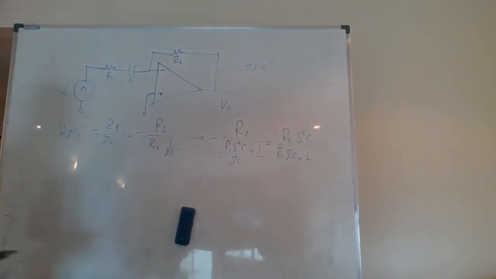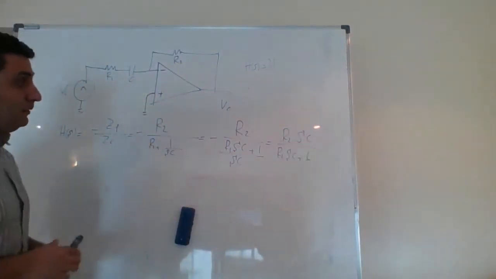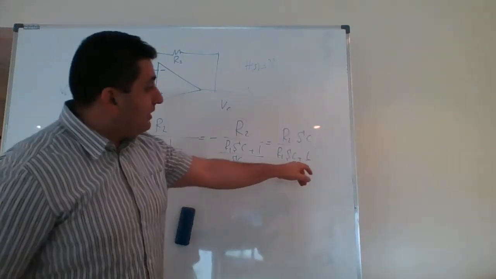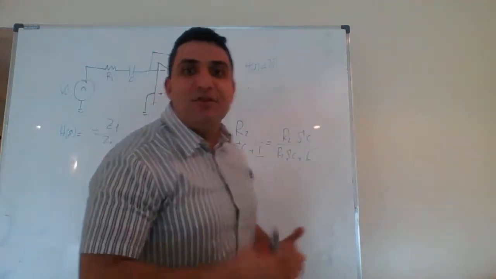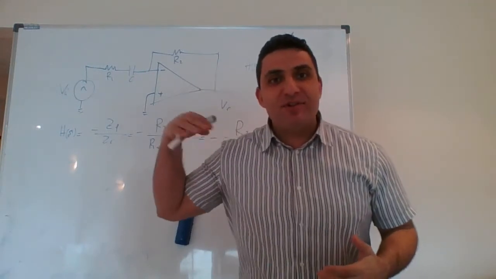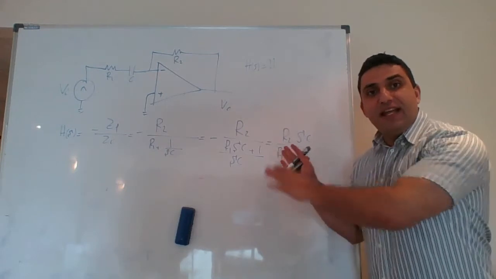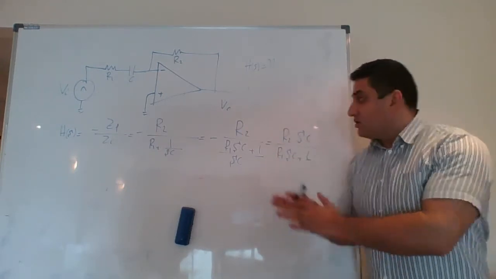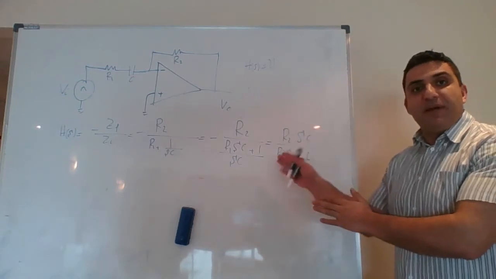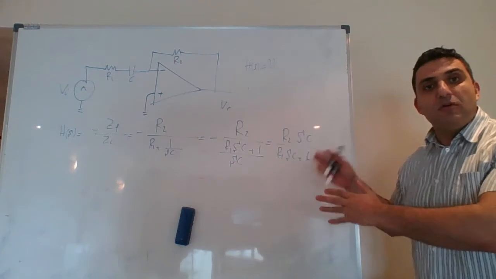Can you all see this? This is the system. Now, remember, I want to have it at the bottom in the form of S plus something. If you remember from the frequency response chapter, I need to take it into a form that will help me determine the high pass or low pass filter. So I need to have it in a form either S divided by S plus omega C, or omega C divided by S plus omega C, or this type of form.